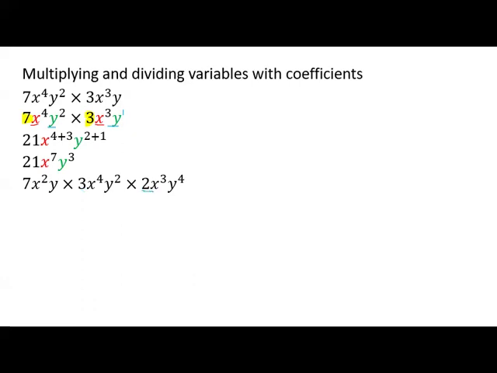That'll give you 42. x squared times x to the exponent of 4 times x to the exponent of 3. You will write it as x, and then you will add 2 plus 4 plus 3.